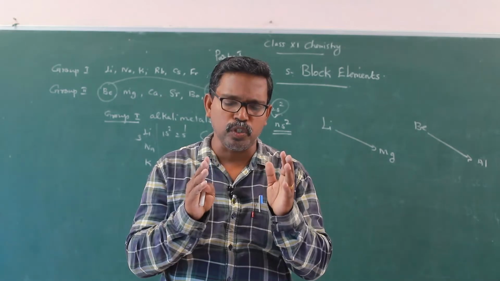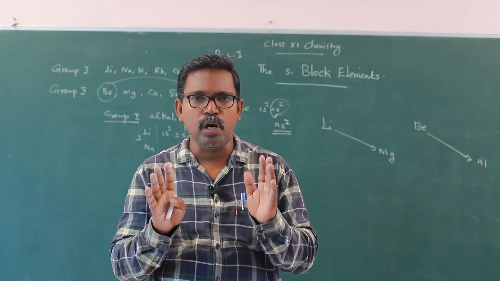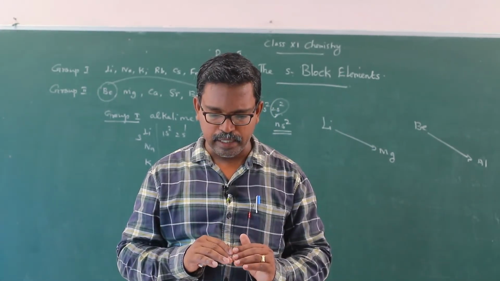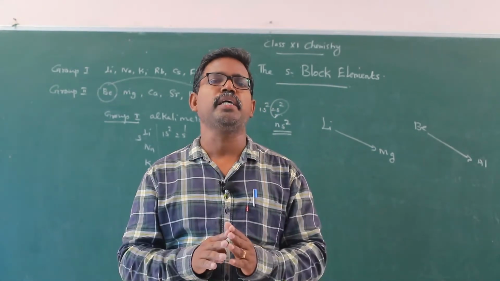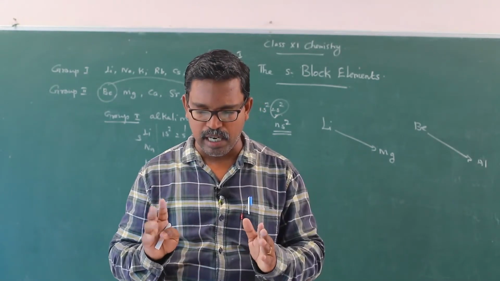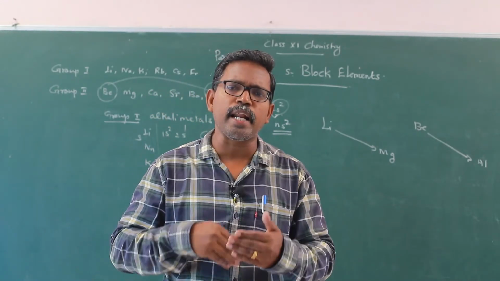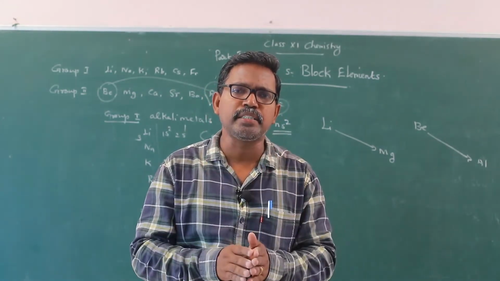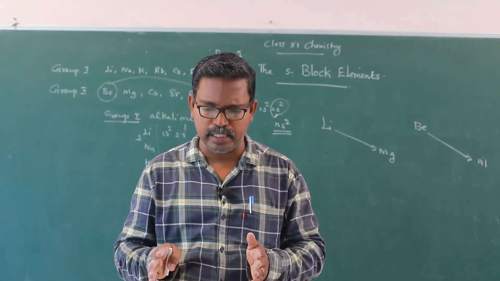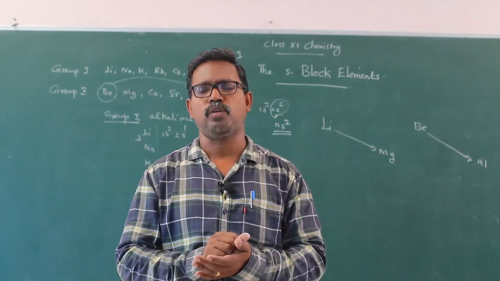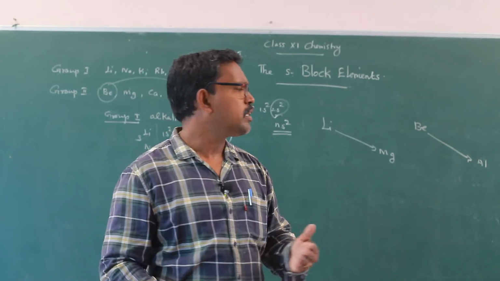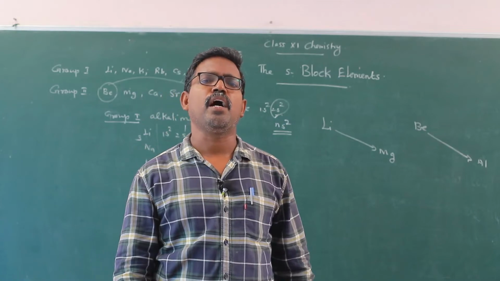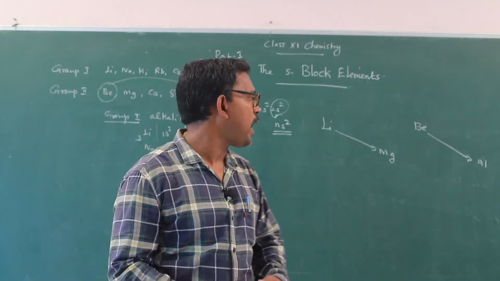This is due to similar size, high ionization energy and electron affinity, and high polarizing power. These are the three reasons why these elements show a diagonal relationship. They exist in the form of ions.